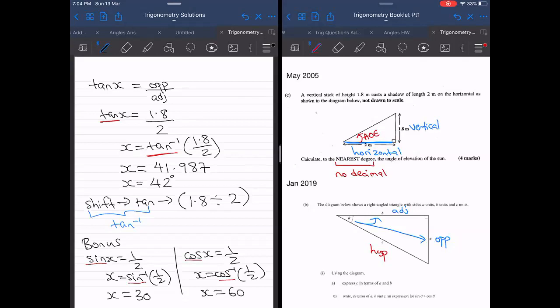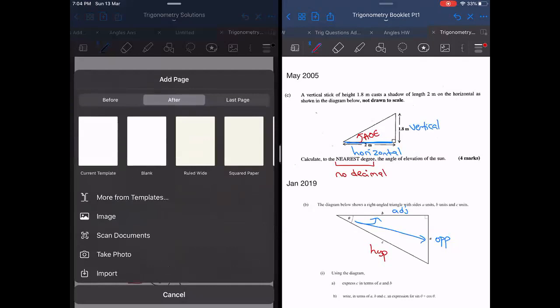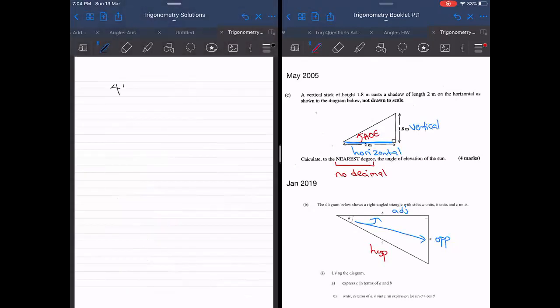So I'm going to talk about the rounding shortly. Actually, let me do it now. So we have 41.987. The nearest degree means no decimal. So I draw my line and I look to the right. If it is 5 or more, you add 1. So that's why I have 42. If, for example, as a bonus, suppose it was 41.2, I draw my line, look to the right.